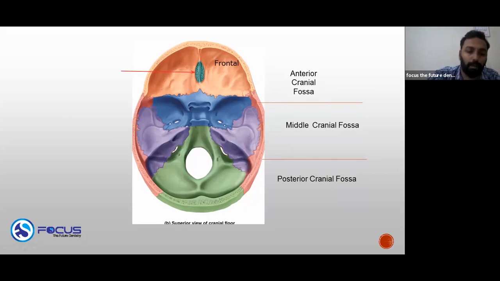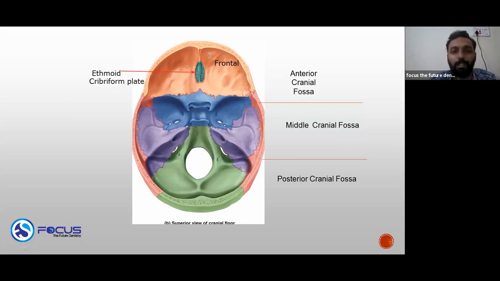Now which part of ethmoid bone is this? This is called the cribriform plate of ethmoid bone.